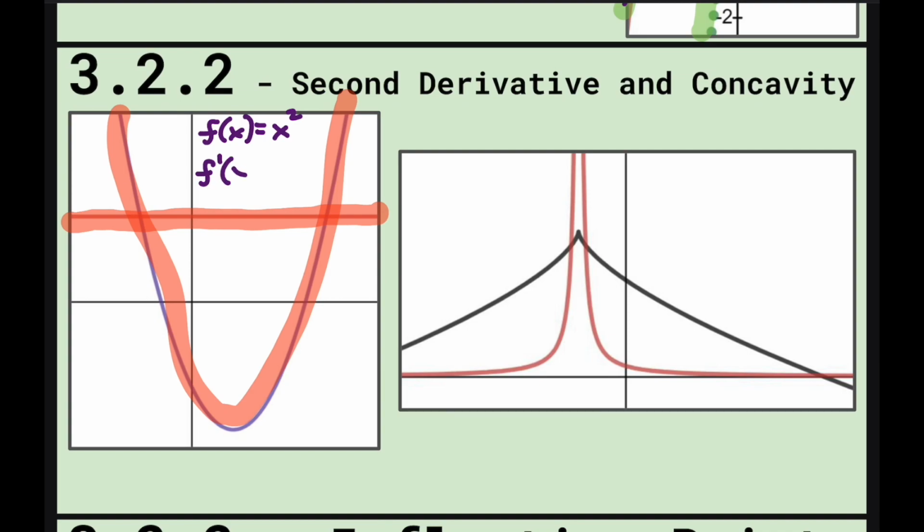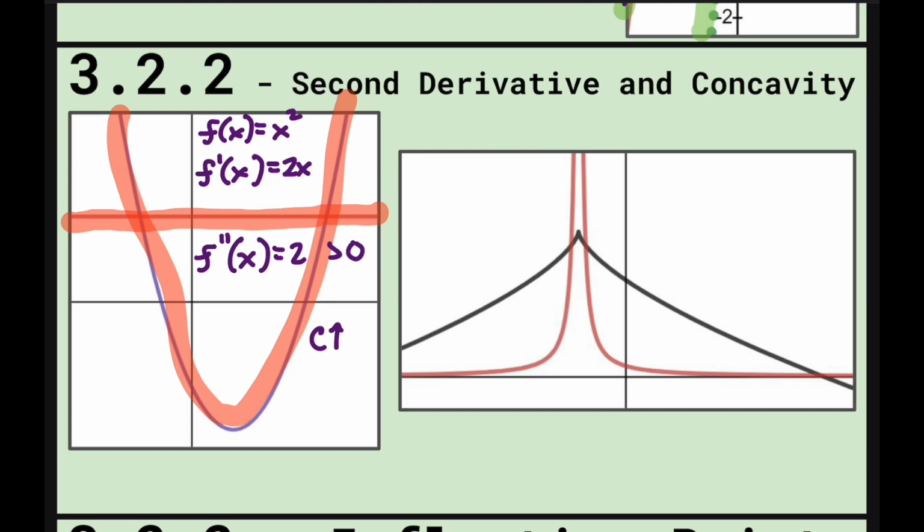Its first derivative is 2x. Its second derivative is just going to be 2. If you notice, 2 is greater than 0, so that means this is concave up. Every quadratic that's pointed upward is going to be concave up. Now, if I did negative x squared, then the first derivative would be negative 2x and the second derivative negative 2, so it would be concave down, which makes sense because negative x squared is concave down. I just wanted to show you a really quick example.